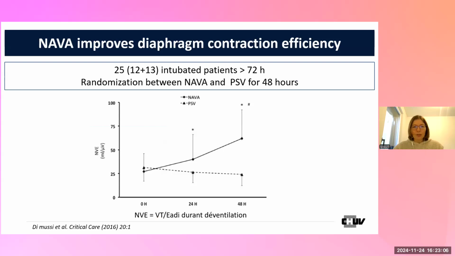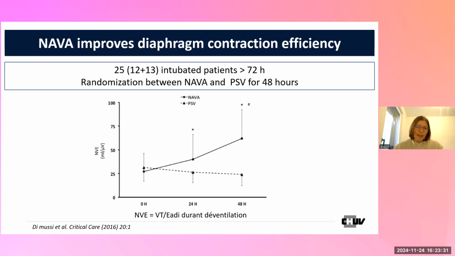And the authors measured every day during 2 days the ventilatory efficiency, which is the relationship between tidal volume and EADI. This reflects the strength of the diaphragm, or the efficiency of the diaphragm contraction compared to the neural command of ventilation.